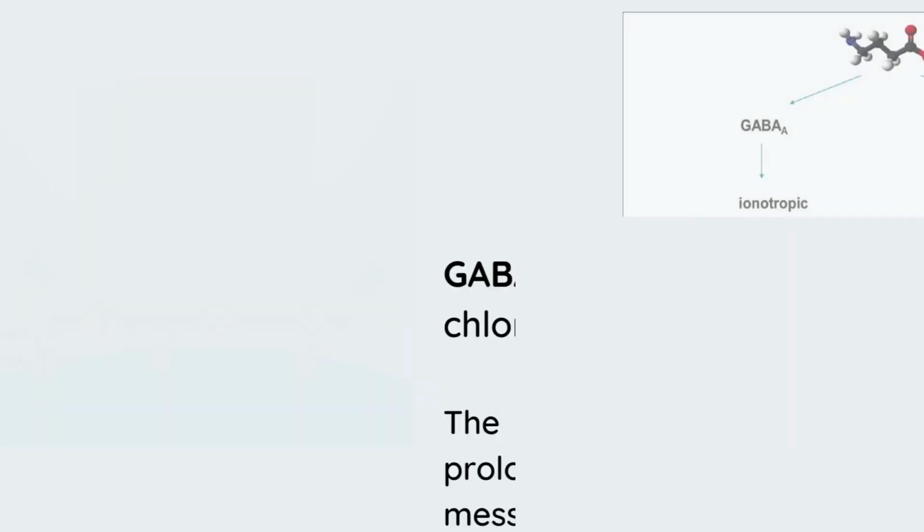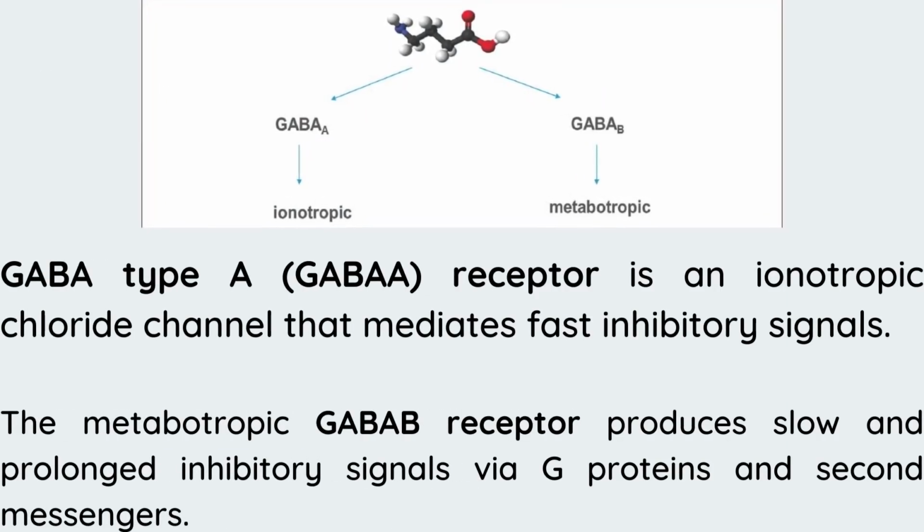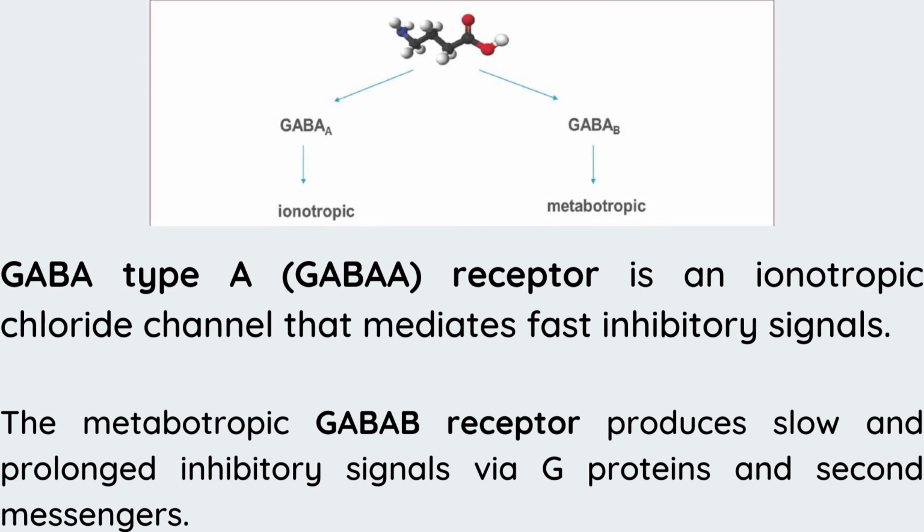There are 2 types of GABA receptors. GABA type A receptor is an ionotropic chloride channel that mediates fast inhibitory signals, and the metabotropic GABA B receptor produces slow and prolonged inhibitory signals via G protein and second messengers.